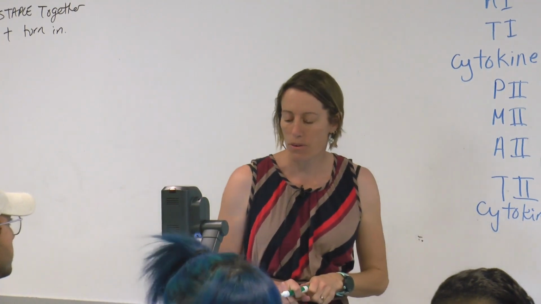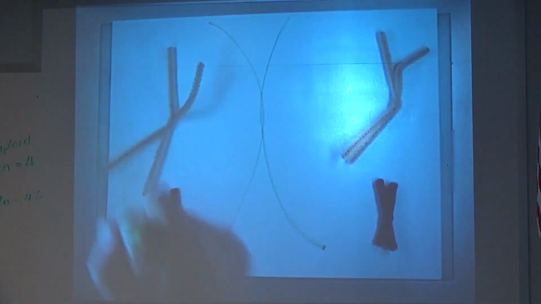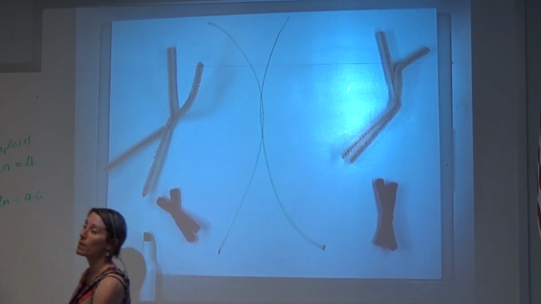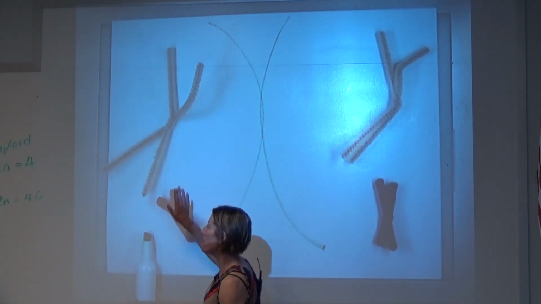All right, so now let's look at this individual cell on the left side. This one here. Is this cell haploid now or diploid? Does it have 1 of each kind of chromosome or 2 of each kind of chromosome? It's a hard question, right? Because it's replicated. It's only 1 of each kind of chromosome. This is replicated, but it's not pulled apart yet. So it's 1 chromosome, and this is 1 chromosome.